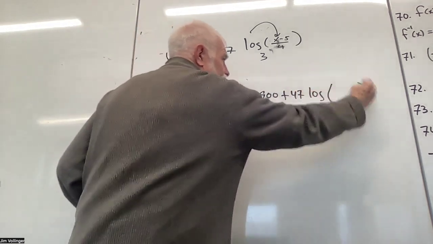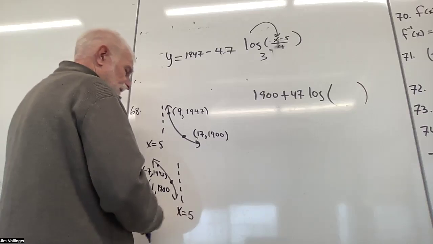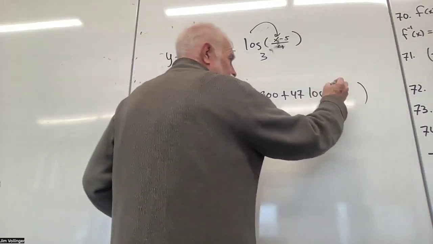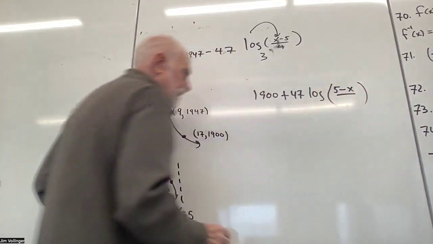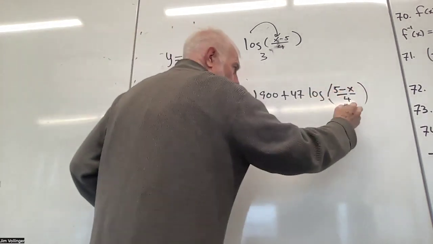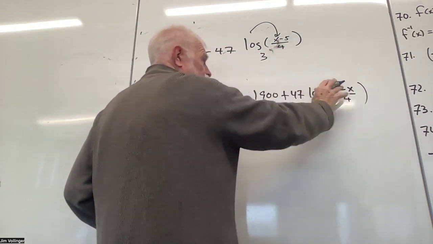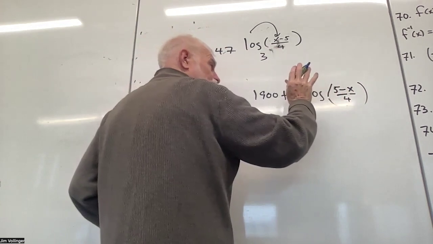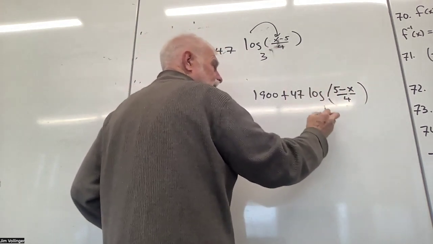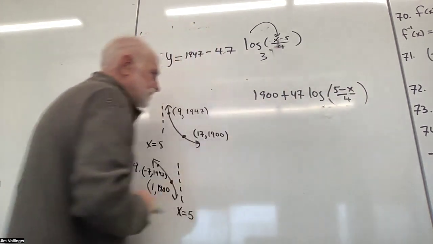I still have to have 5 as an asymptote, but because my x values have to be less than 5, I'm writing 5 minus x. Now, when I put in 1, 5 minus 1 is 4. That gets me 4 divided by 4, which is 1. The exponent you put on top of any base right now is a 0 to get a 1. So 0 times 47 plus 1900.